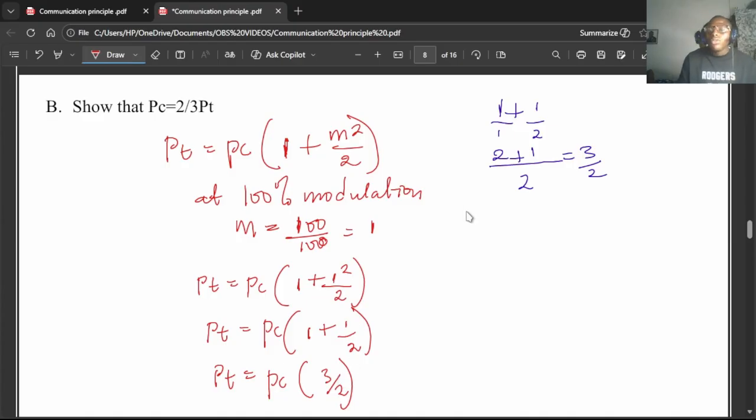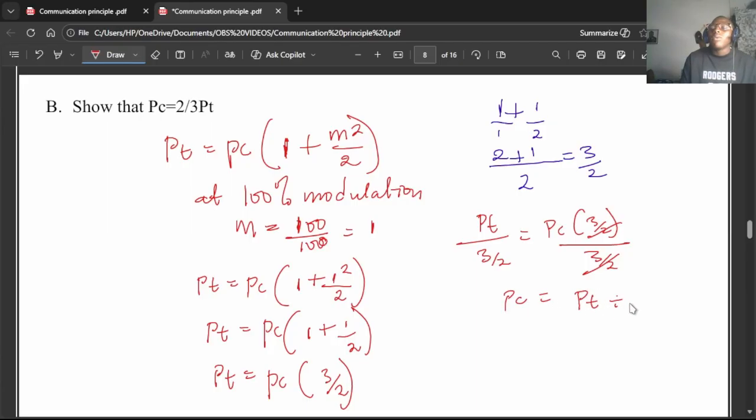So you have PT divided by 3 over 2 equal to PC times 3/2 divided by 3/2. When this cancels, you are left with PC equal to PT divided by 3/2.